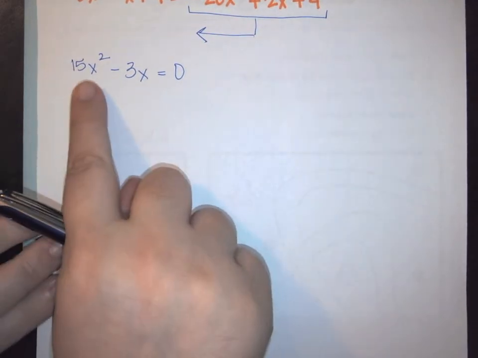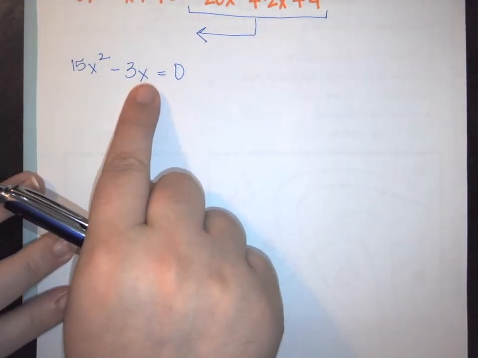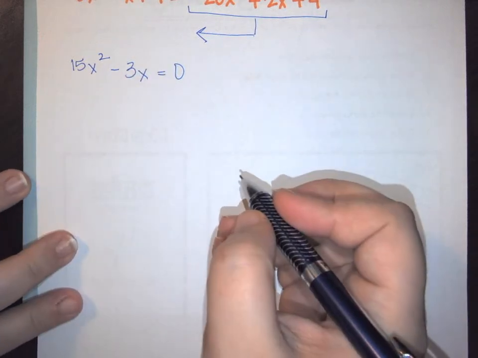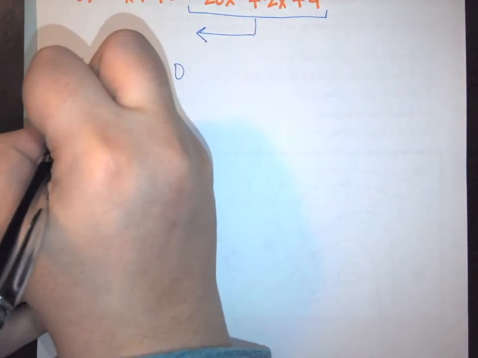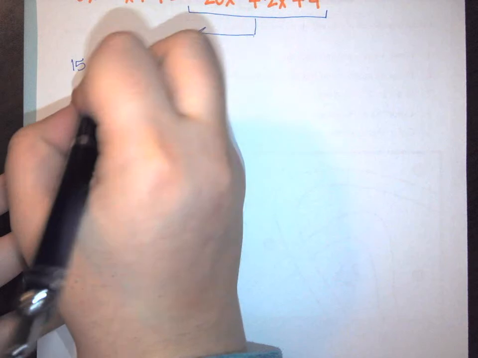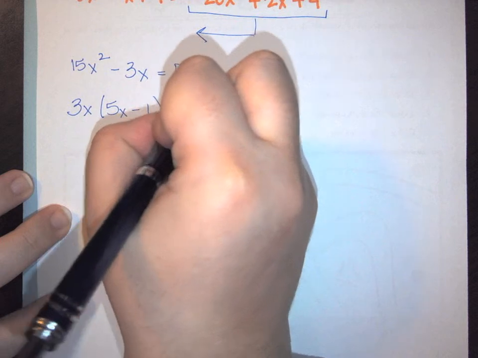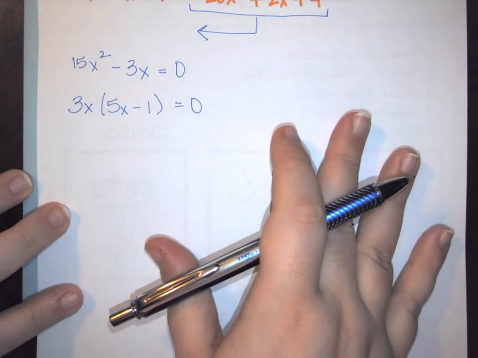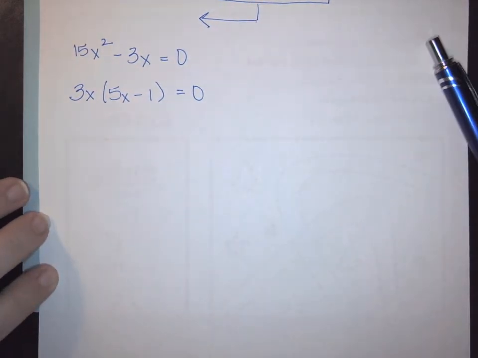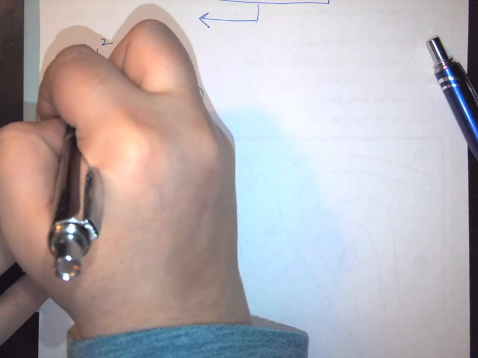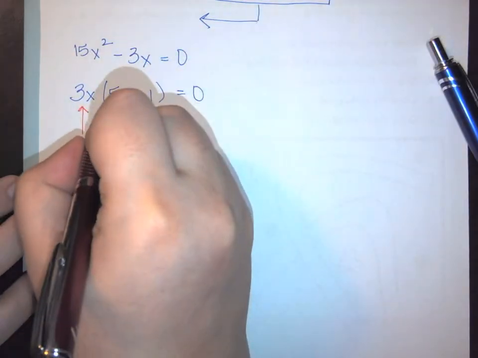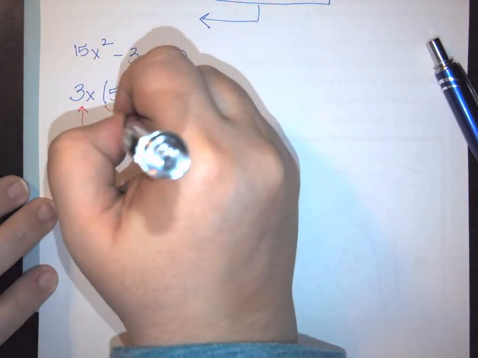Now if I look at this, notice I have terms that are in common with each other. So in this case, not only can I pull out a 3, but I can pull out an x. In doing so, that leaves behind a 5x minus 1 equals 0. Now I have two terms here. I have this first term and I have my second term.